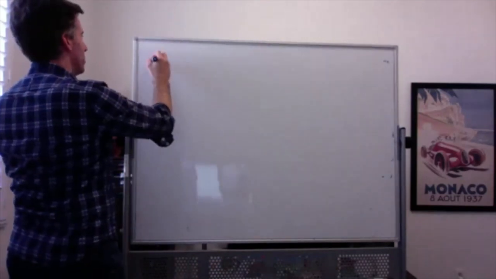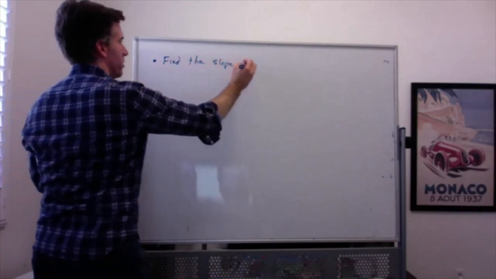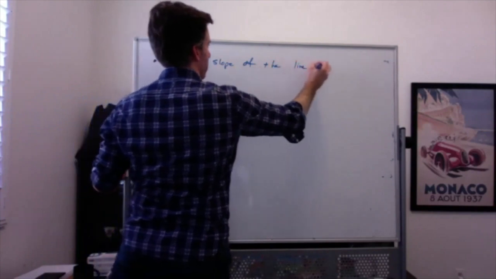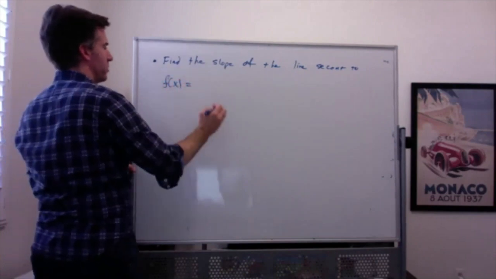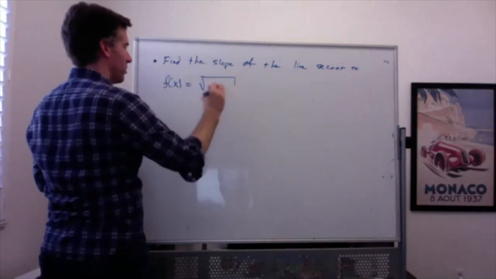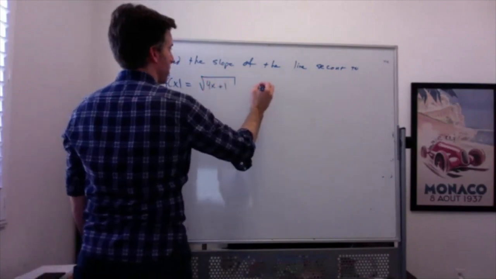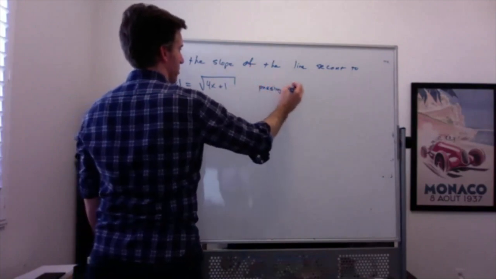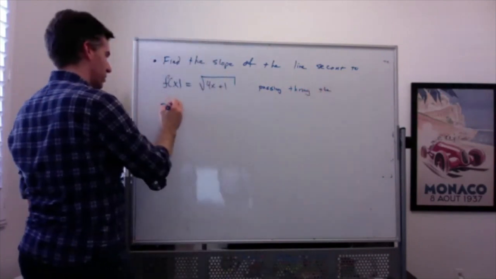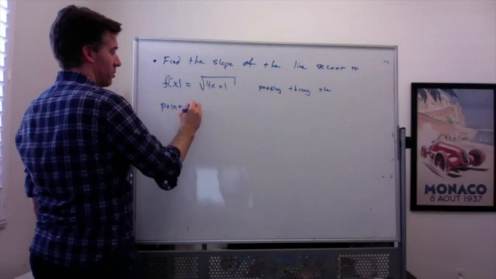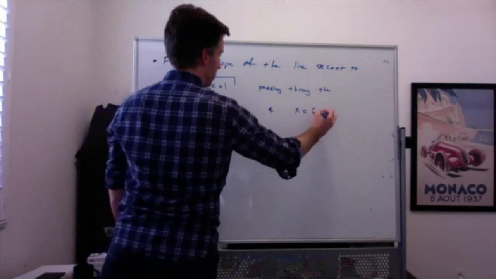So I want to find the slope of the line secant to f of x equal to the square root of 4x plus 1 passing through the point where x equals 6 and x equals 6 plus h.